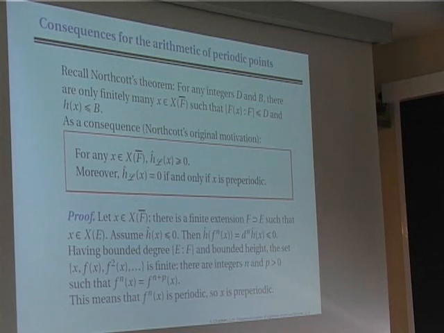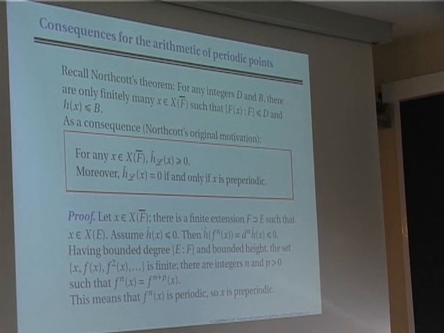And as a consequence, one recovers Northcott's original motivation. In fact, Northcott's theorem is precisely what is within the red box. So first of all, the canonical height of any point is non-negative, and the points whose height is 0 are precisely the periodic points. So the proof is easy.